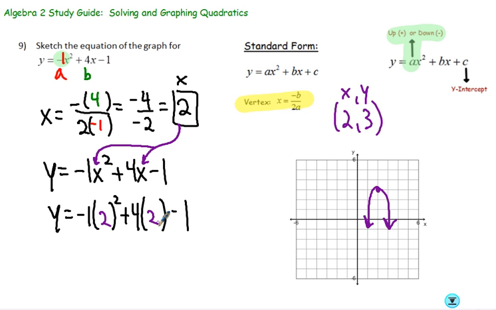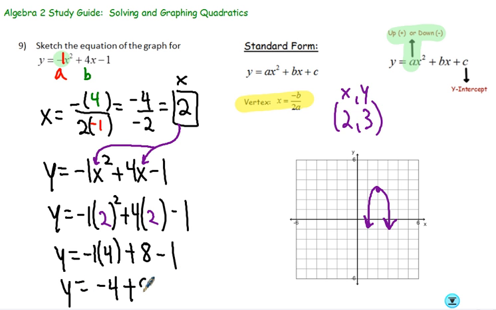Order of operations: Please Excuse My Dear Aunt Sally. Remember, we always want to do exponents first. So 2 times 2, which would be 4. So I got negative 1 times 4, plus 8 minus 1. And negative 4 plus 8 would be 4. 4 minus 1 would be 3. And a positive 3. So that's where we got that from.